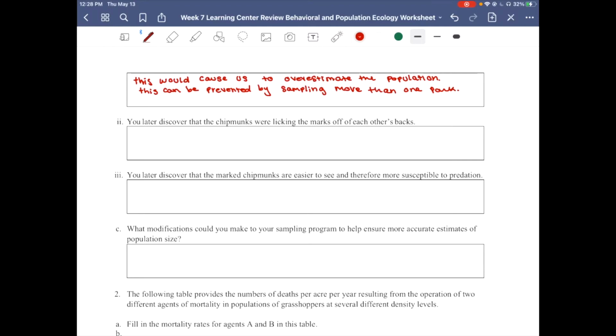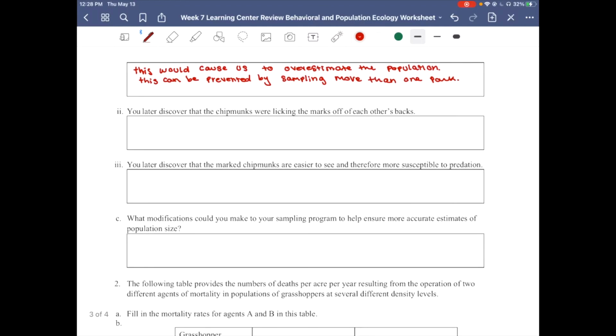All right, the next one, I found this one a little funny. You later discover that the chipmunks were licking the marks off of each other's backs. How this would affect us is that we would capture some chipmunks that were counted as unmarked that could have had their marks licked off. Essentially they're just getting rid of our marks.